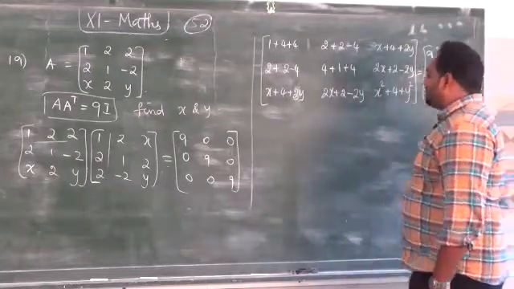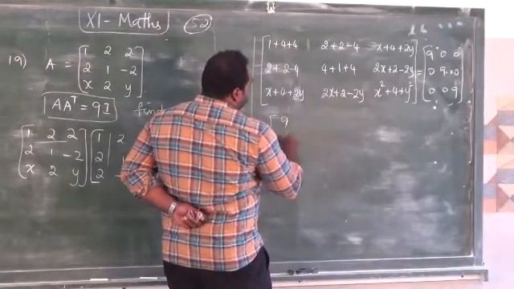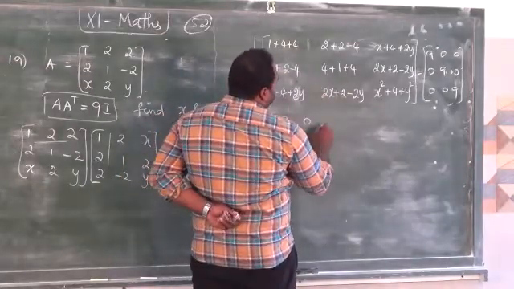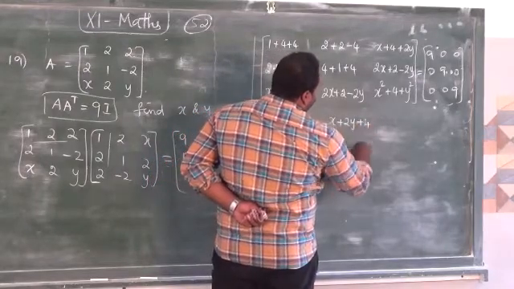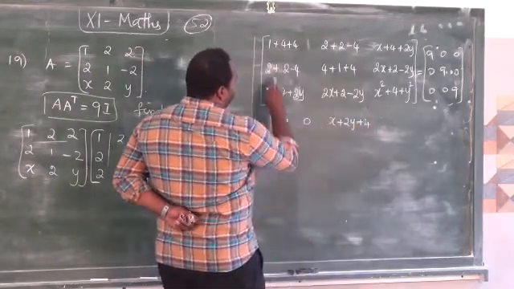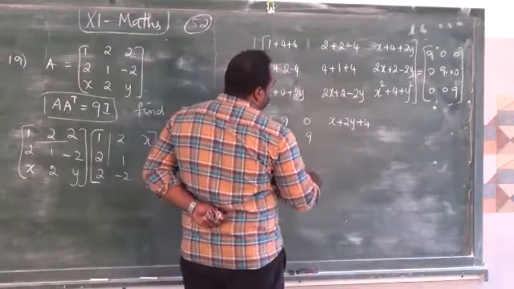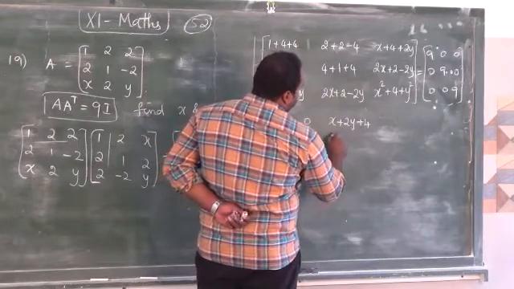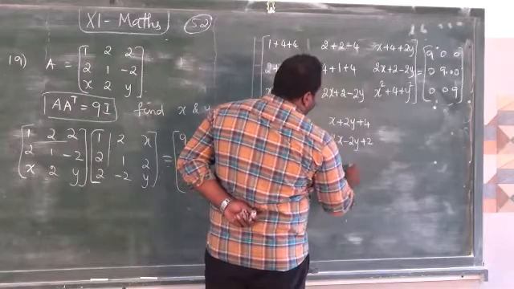Now simplify once again the left hand side. 9, 0, x plus 2y plus 4. Second row: 0, 9, 2x minus 2y plus 2.